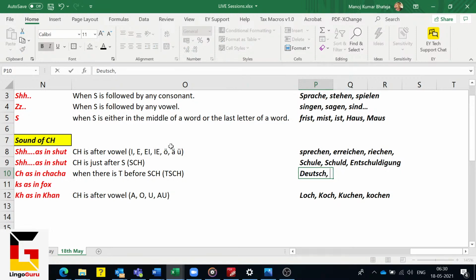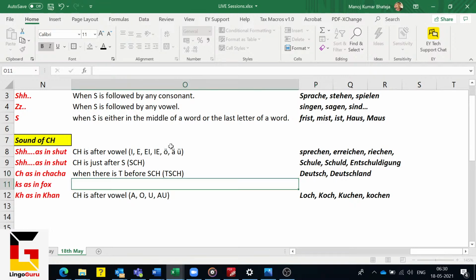Example: Deutsch, Deutschland. Whenever there is s before ch, the sound is sh. When there is t before sch, the sound is ch.